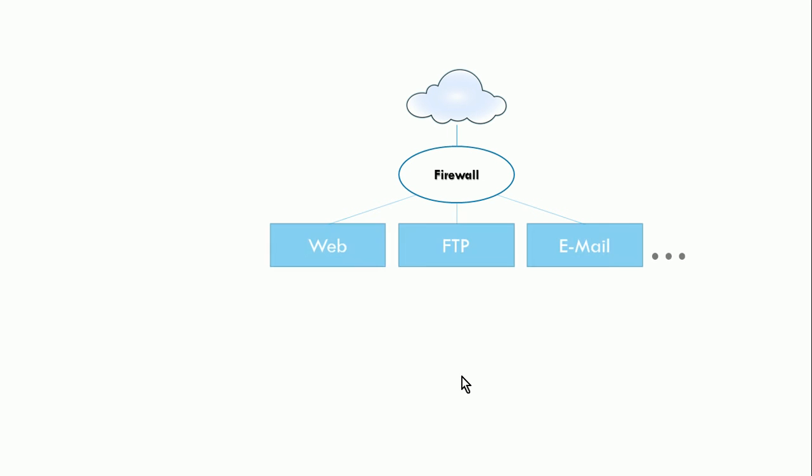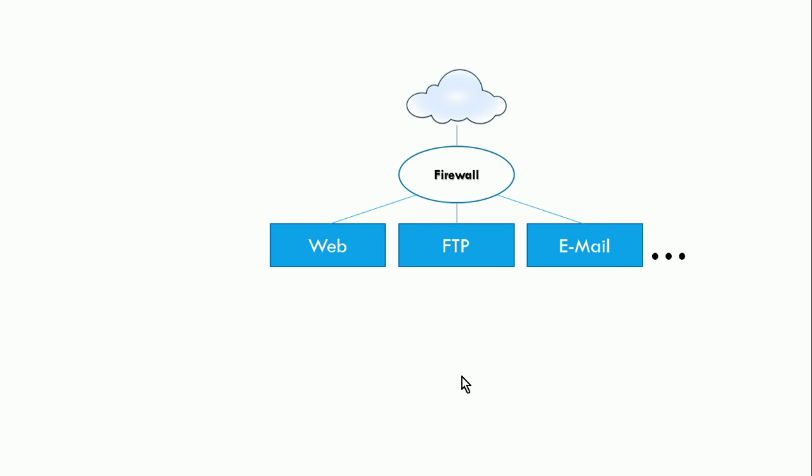So from a very high level, and your book talks about these different architectures for network security devices, usually you'll have the internet coming into your facility through a firewall. So usually your first line of defense is a firewall that's connected to the internet.